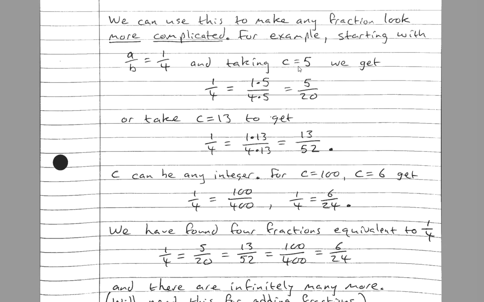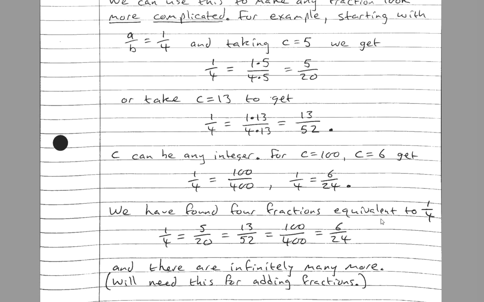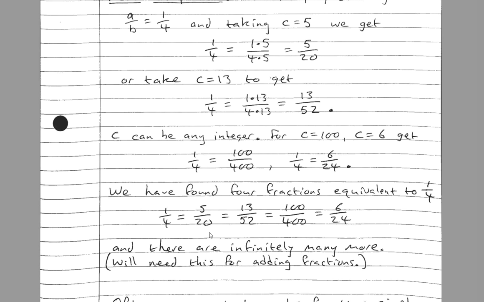Okay, so by taking those 4 different C's, we've found 4 fractions that are equivalent to 1/4. These fractions are all equal to 1/4, but they all look different. And how many fractions are equivalent to 1/4? Well, infinitely many. You can take C to be any positive integer.